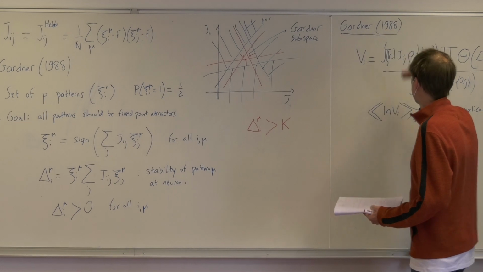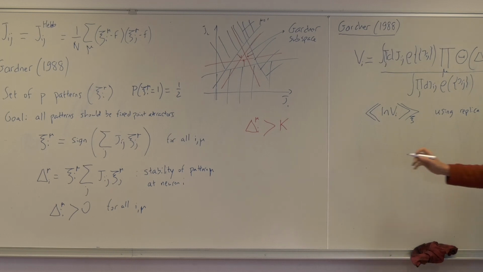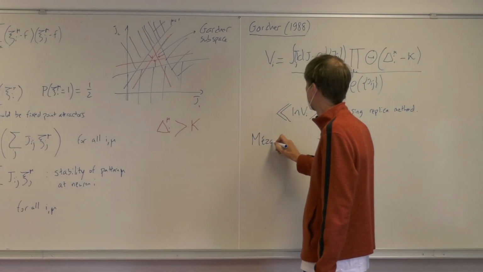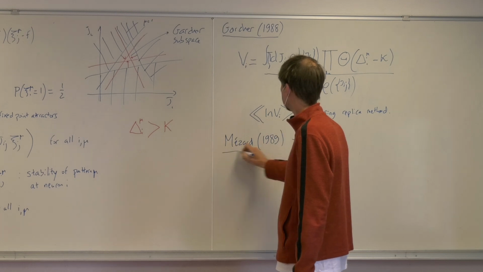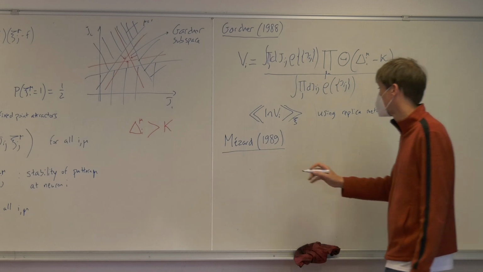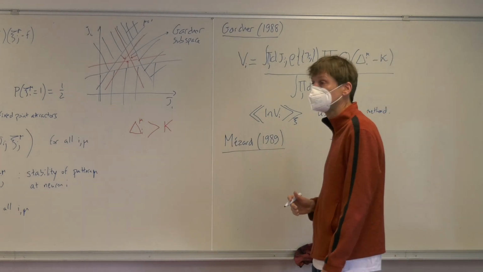Now there have been alternate ways of computing this very same quantity. In particular, Nicolas in 1989 used the cavity method and showed that it reassuringly gives the same results.